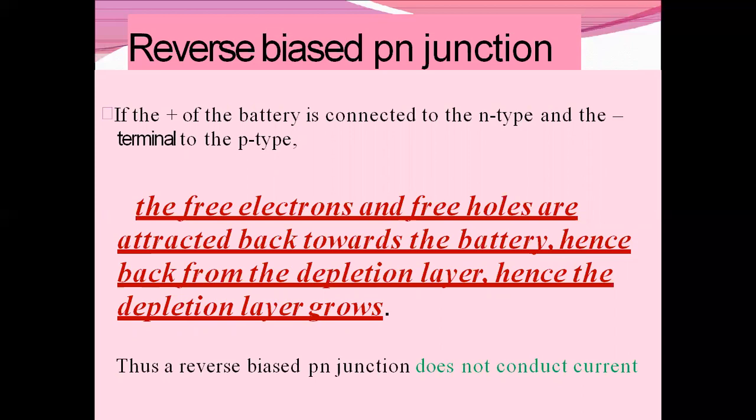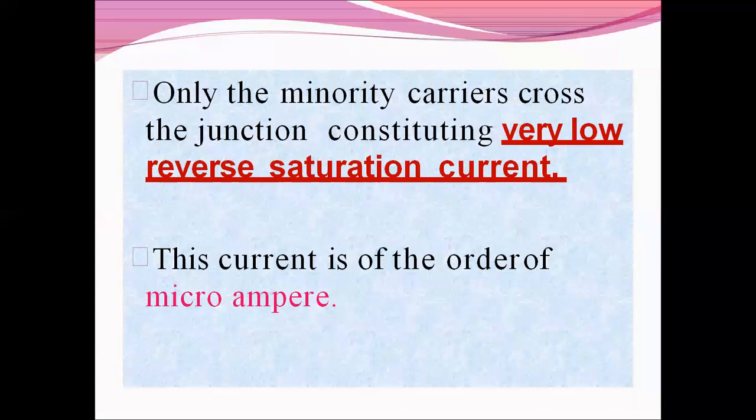That means the width of the depletion layer will be very high. Thus a reverse biased PN junction diode does not conduct any current. Only the minority carriers cross the junction, constituting a very low reverse saturation current, which is of the order of microamperes.